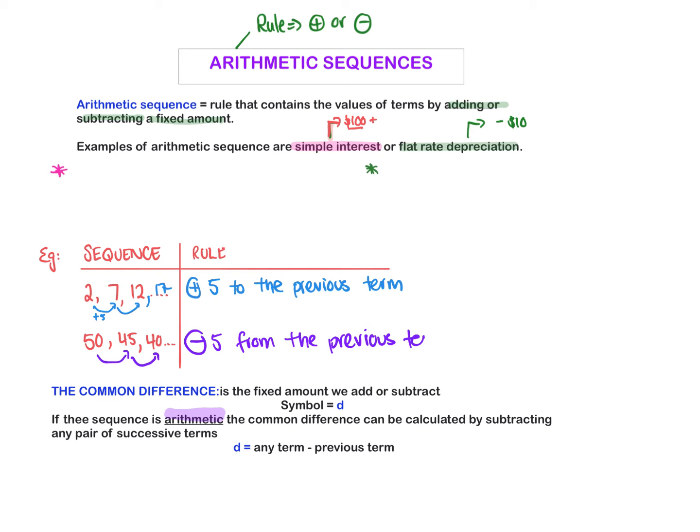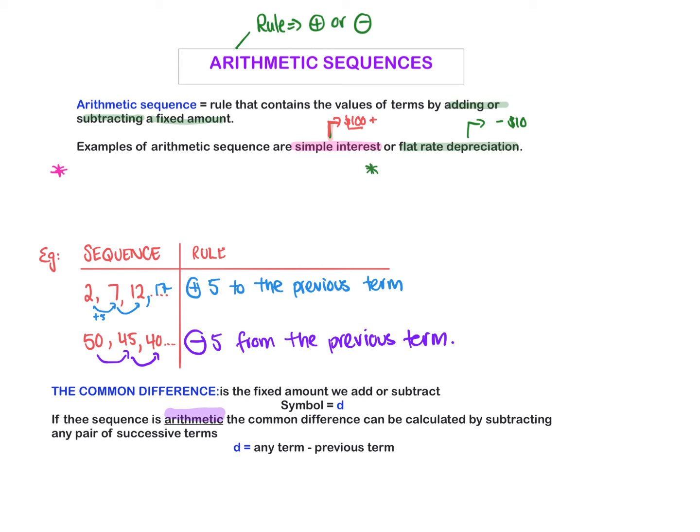So what we're going to see, and this is why we do this topic like this, is that next year they use this type of symbols and wording to talk about our financial formulas.